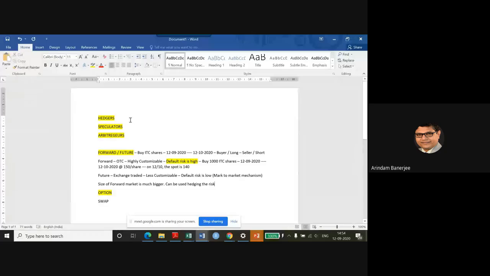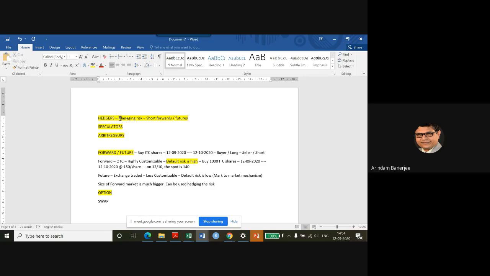So there are three kinds of players. One is the hedger. The objective of the hedger is managing risk. If I am a producer and I want to hedge my final product, what I will do is short forwards or futures.